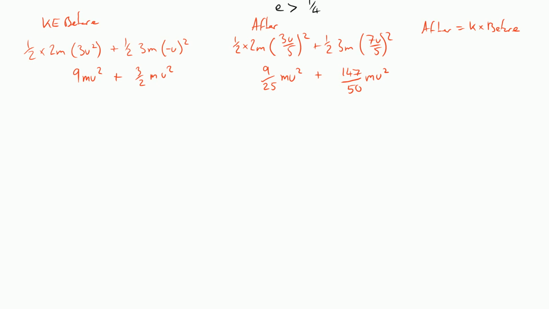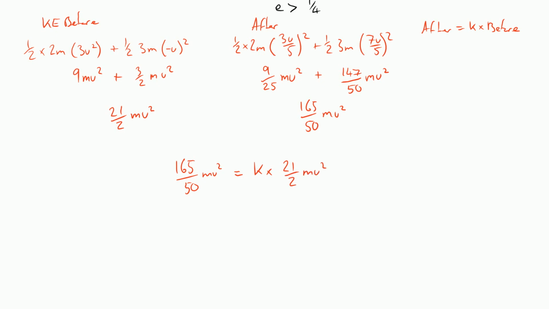Now adding those values together, I get my total kinetic energy before as being 21 over 2 mu squared, and my total kinetic energy afterwards as being 165 over 50 mu squared. And as we said, our after is going to be k times our before, so this after is going to be equal to k times the before, which was 21 over 2 mu squared.